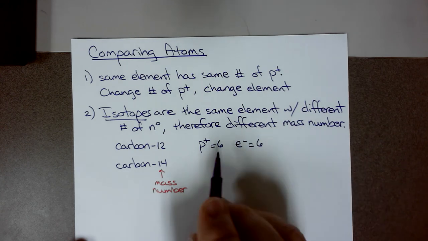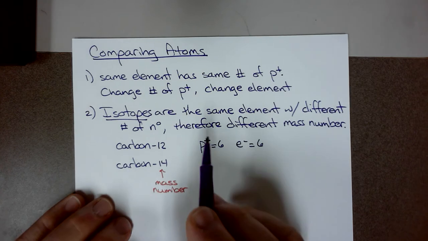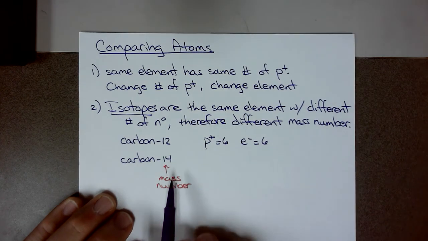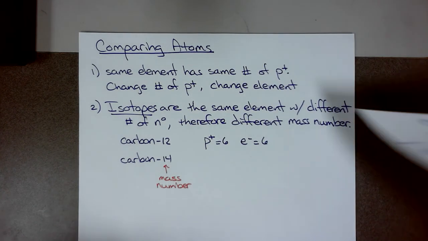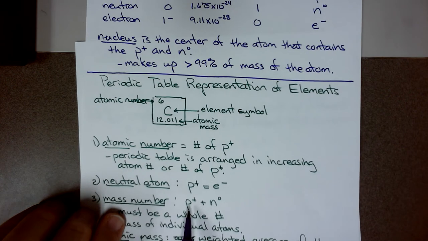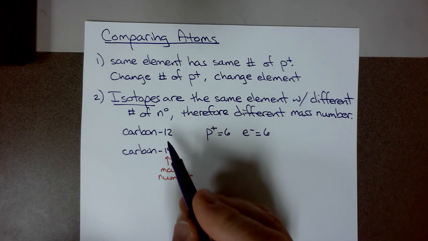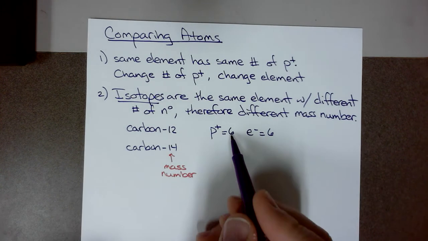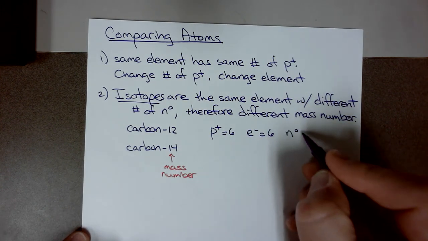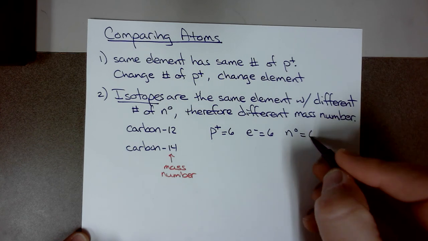And because the mass number is the number of protons plus neutrons, if the mass number is 12, that's 12 minus 6, which means we have 6 neutrons.